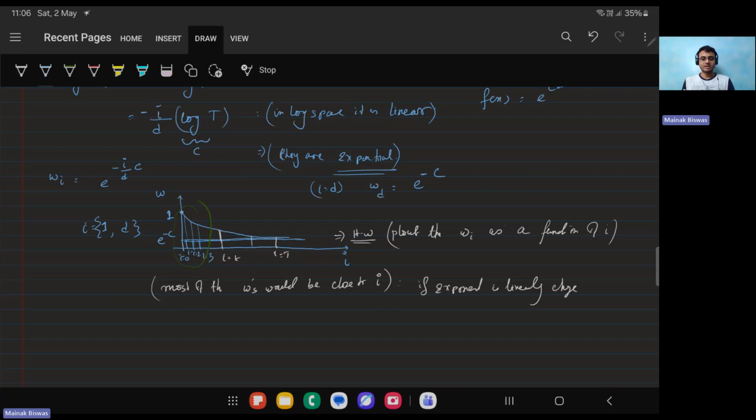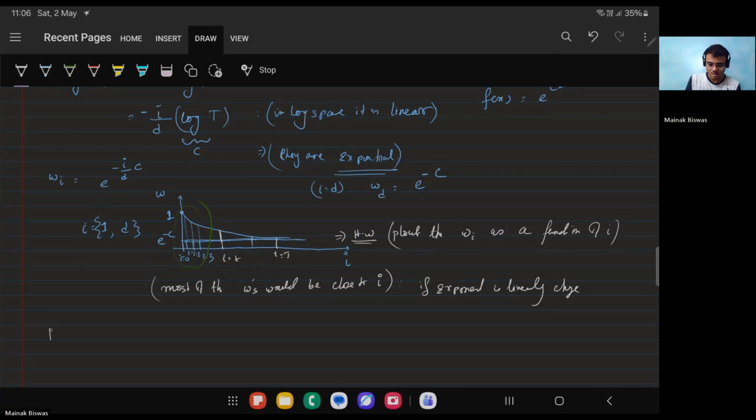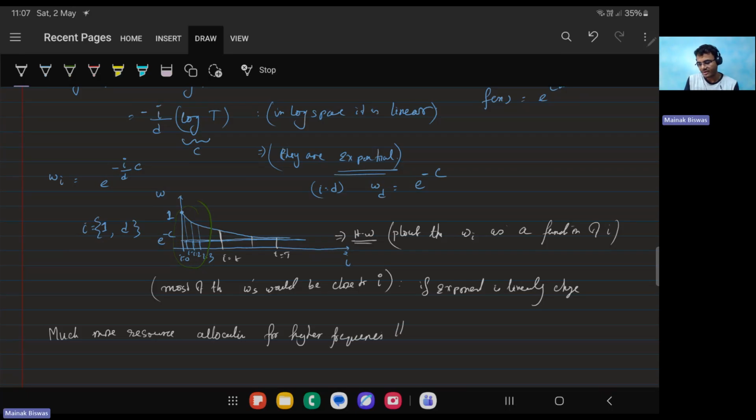So what I have now shown is you have much more resource allocation for lower frequencies than higher frequencies. What does this mean?